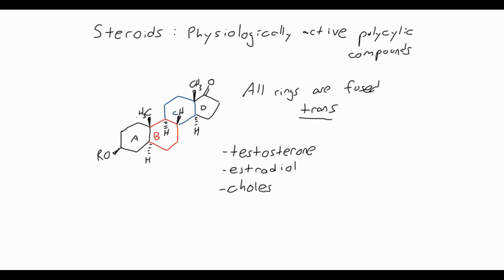So cholesterol is also a steroid. It has this same basic structure, but again, slightly different properties. So I won't talk too much about steroids, but it's a good thing to be aware of, and I think it's very useful and very interesting to see the parallels between these natural products and the cycloalkanes or cyclohexanes that we've been discussing a little bit.